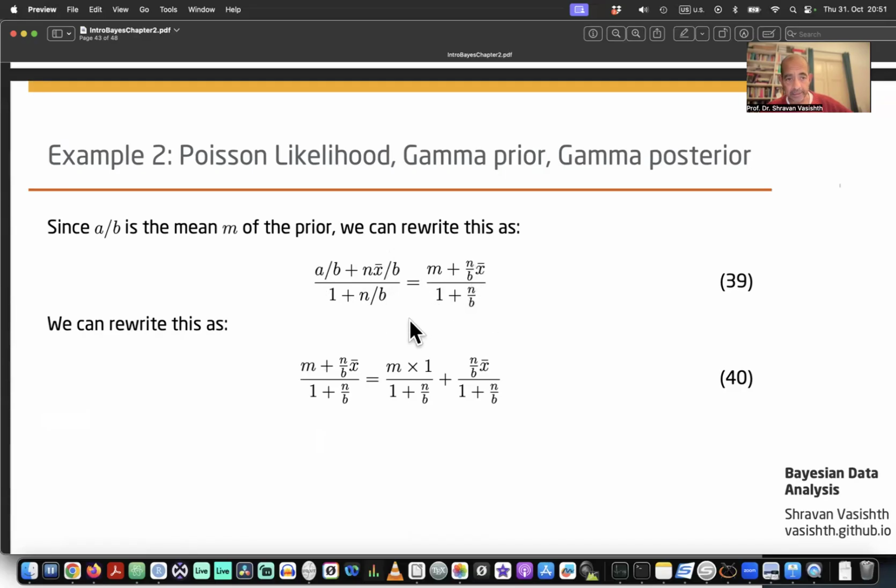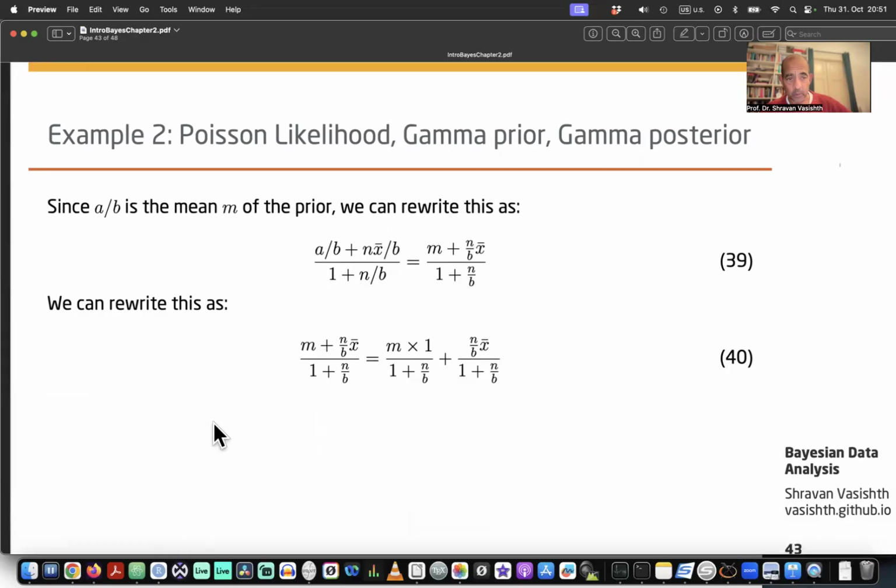So what we are looking at here effectively is a weighted sum, right? Because if we just put a 1 here, m times 1, and separate out the numerators into separate terms, we're going to get m times 1 divided by 1 plus n over b, plus the maximum likelihood estimate multiplied by n over b divided by 1 plus n over b.